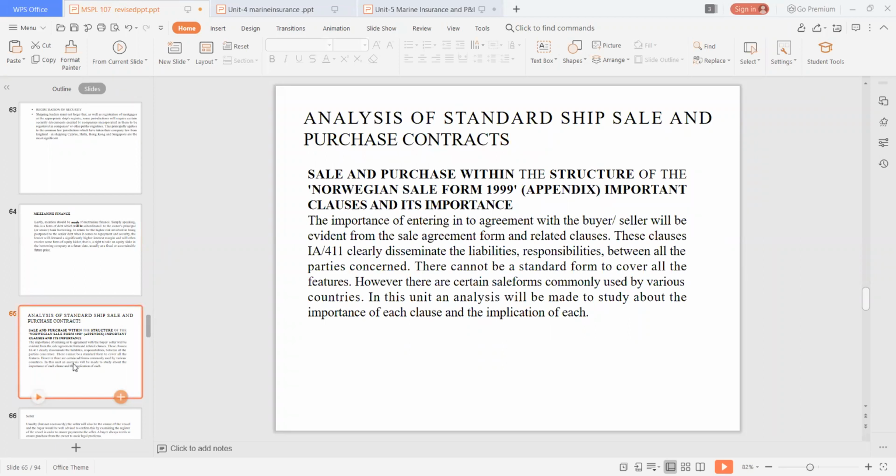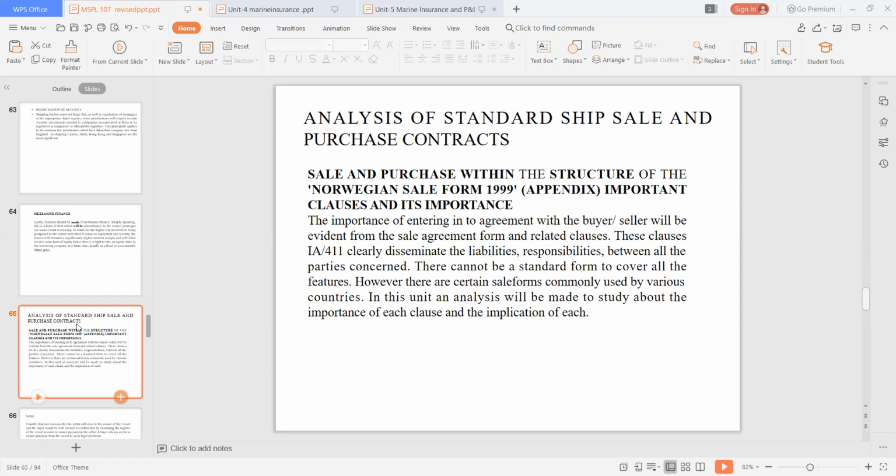Analysis of standard ship sale and purchase contracts, S&P contracts, within the structure of the Norwegian Sale Form 1999, appendix, important clauses and their importance. See, this is the Norwegian Sale Form 1999. Normally we follow that, and the Nippon Sale form is also one of the forms that is there.